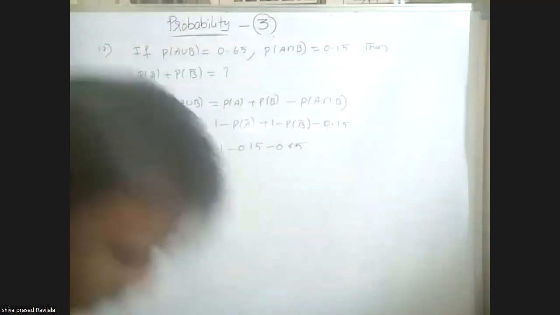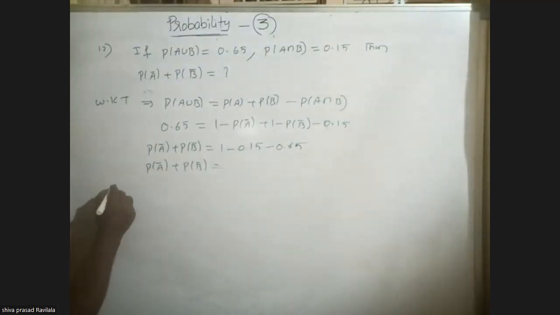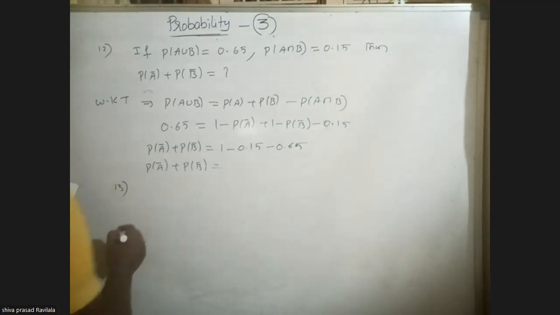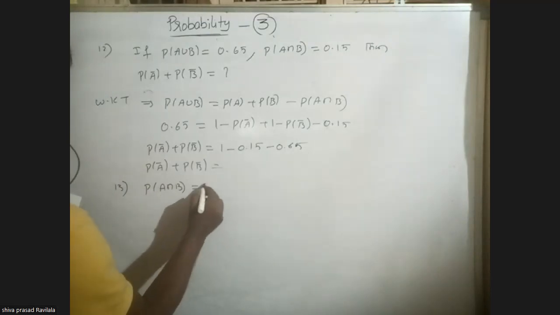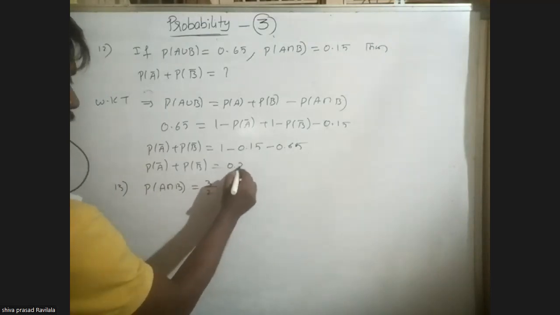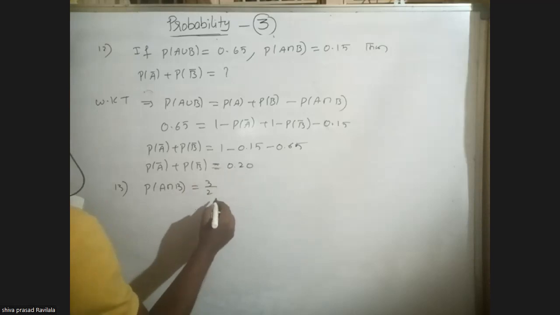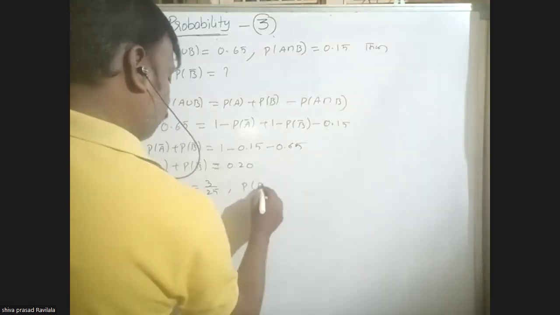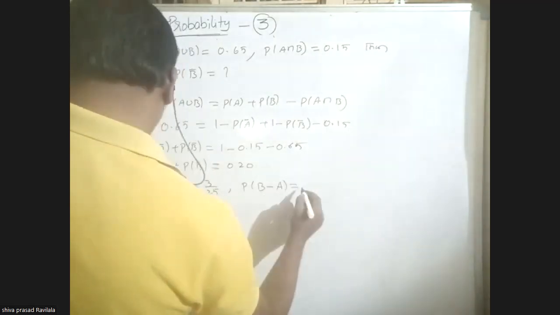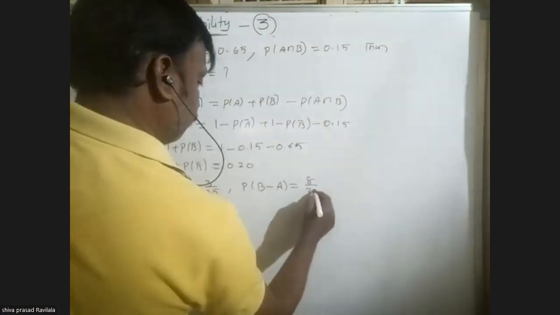Like this one, do this question for practice. Suppose A, B are two events such that probability of A intersection B is equal to 3 by 25, and probability of B minus A is equal to 8 by 25.